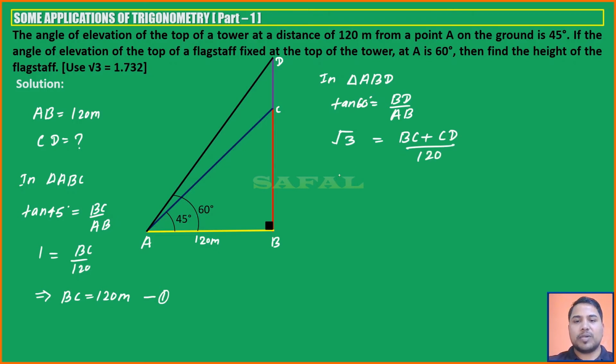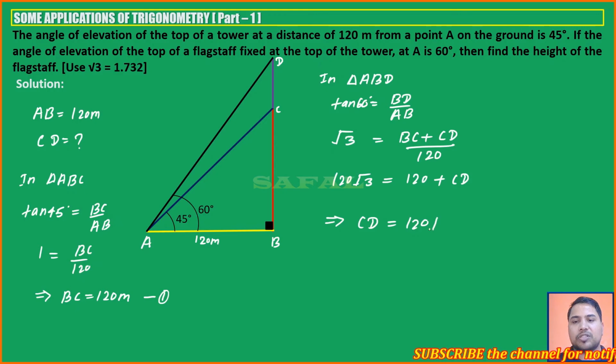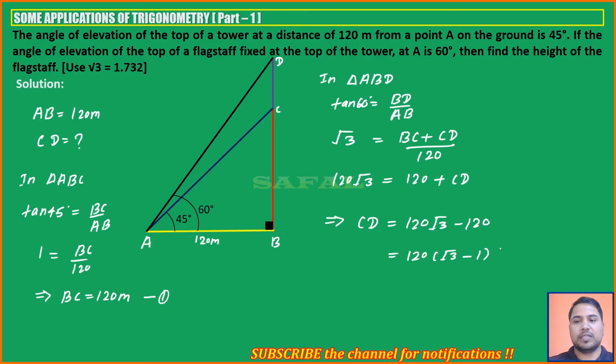So we can cross multiply: 120 root 3 equals BC plus CD. Now BC we have found as 120 only, so 120 plus CD. From here we rearrange, so CD equals 120 root 3 minus 120. So I can take 120 common, so root 3 minus 1.